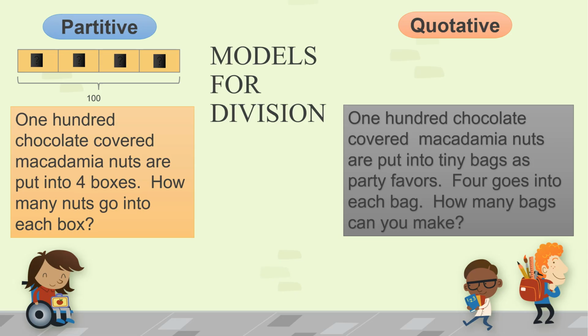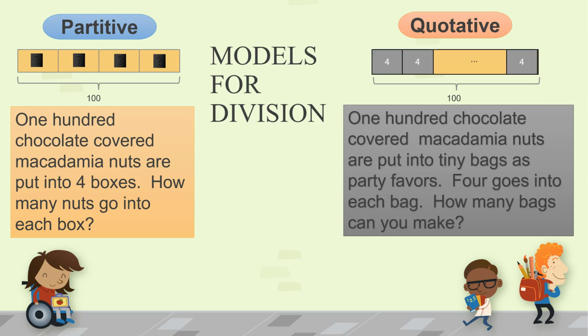The question is, how many bags, meaning how many equal parts are there? The model will look something like this. You have 100 macadamia nuts, 4 go into each. How many bags do you have? That's the quotative model versus the partitive model.